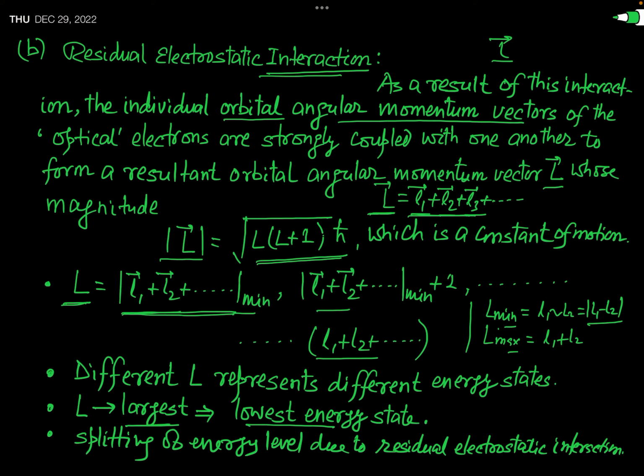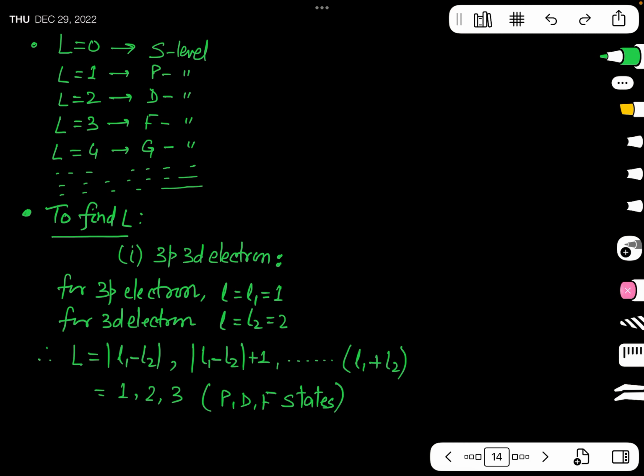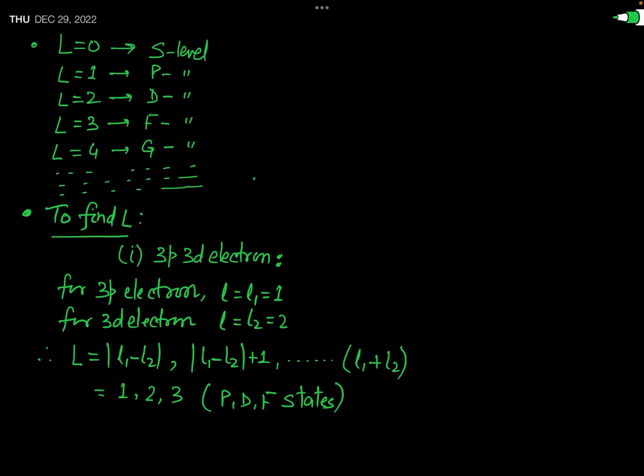Now, when this interaction actually takes place, the energy levels, which were unperturbed, that is, when there is no LS coupling, are denoted by letter symbols.